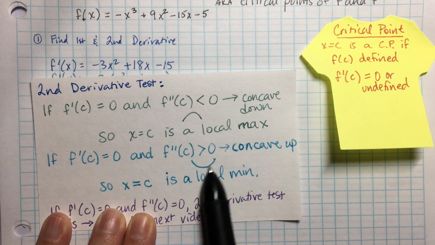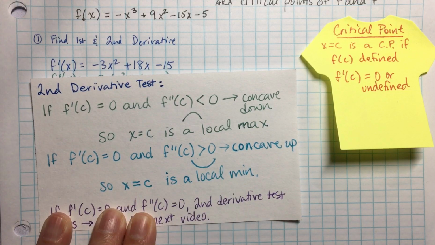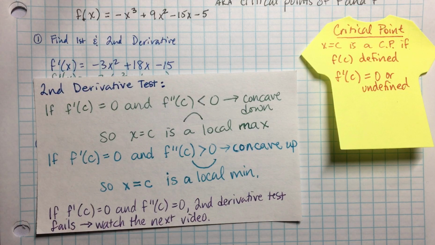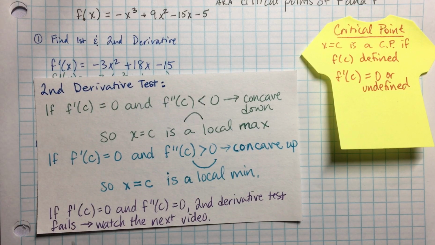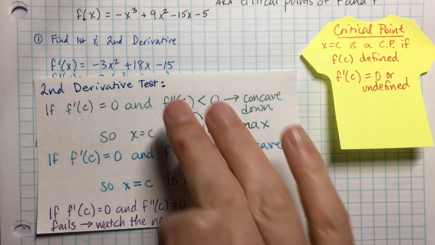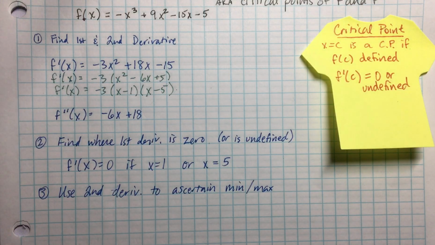So if it's concave up and flat, you have a minimum. And if you have both the first and the second derivative equaling 0, a couple things can happen. But what we say here is that the second derivative test fails, and we'll talk about this more in the next video.